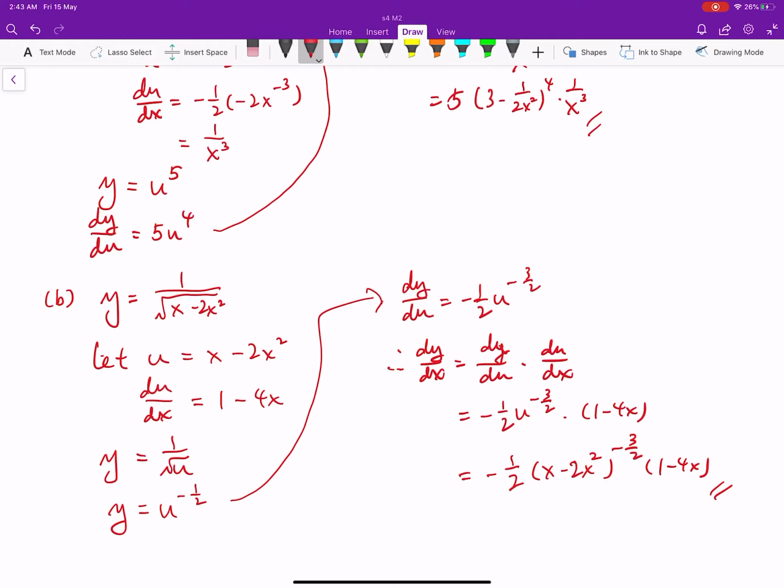So today our target is to become familiar with the basic rule of the chain rule first. After finishing the quick practice, please check the answer with me. Make sure you understand the questions and the steps, and then we will have 20 questions for you to practice. Okay, so see you.